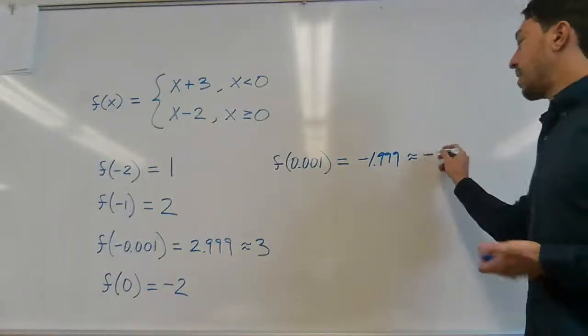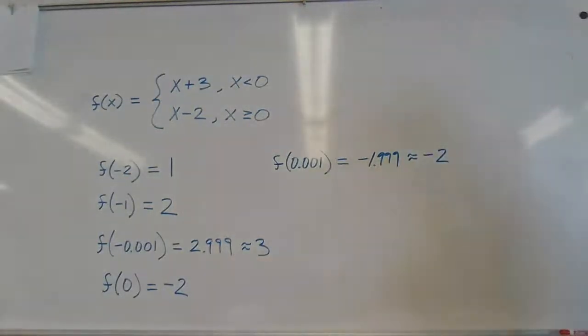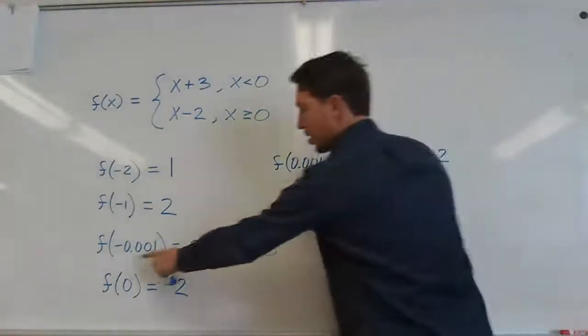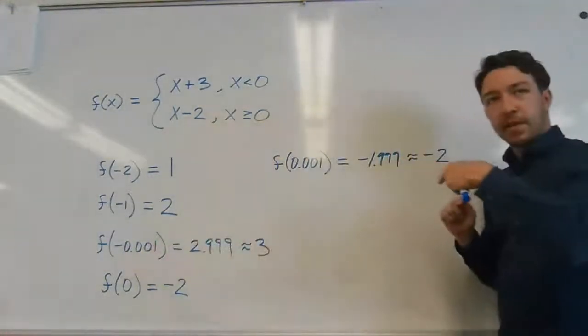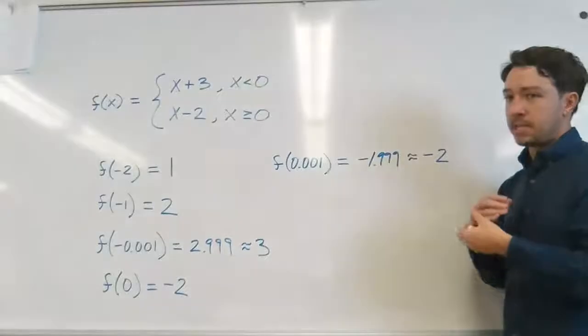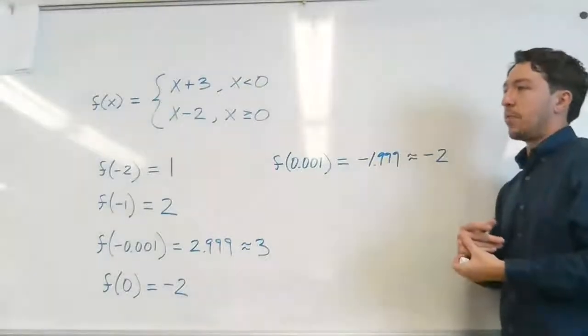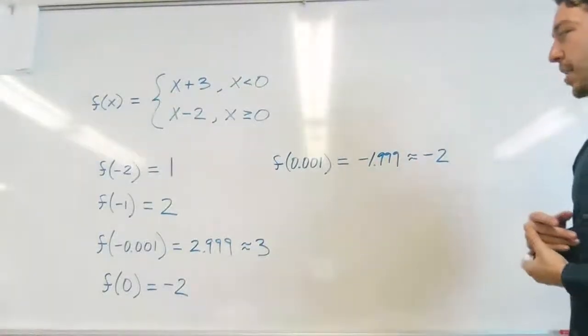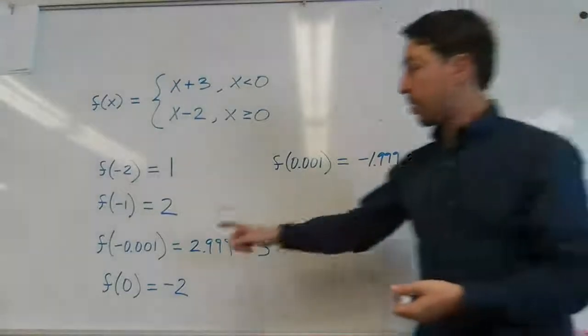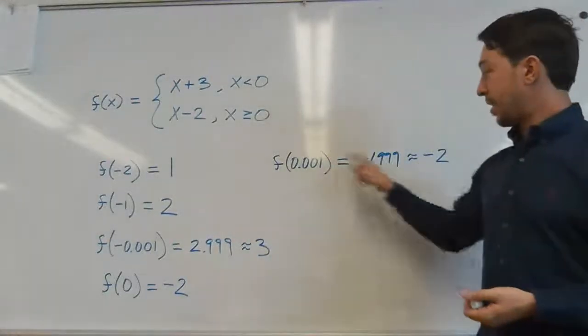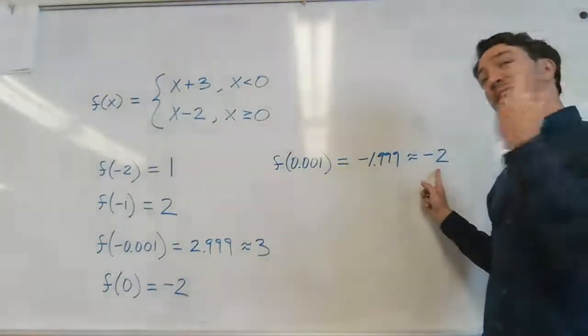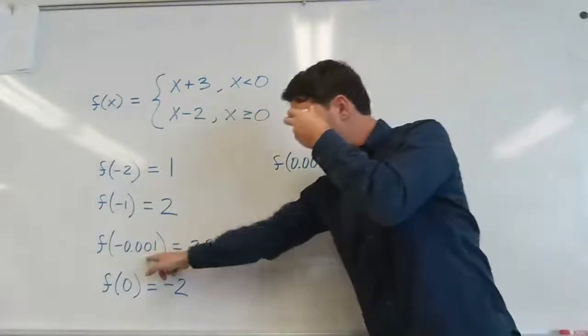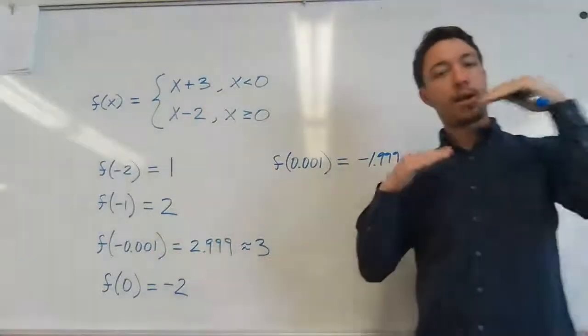Negative 2. So what these two are telling us, and we're going to see this graphically, is limits. The limit as we approach 0 from the right-hand side is negative 2, and the limit as we approach 0 from the left-hand side is 3. We're going to see that bear out in the graph.